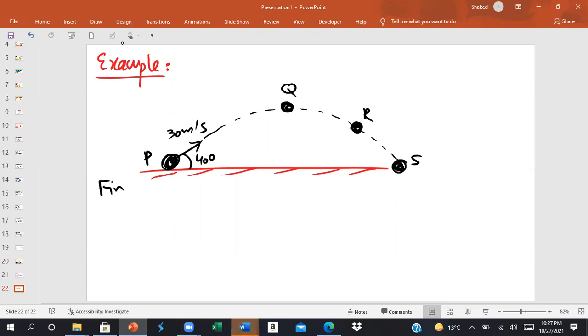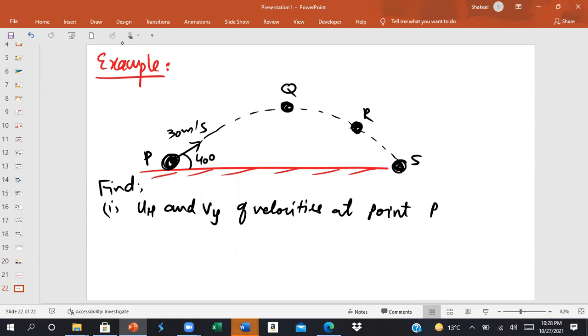So what you have to do is, number one, find the horizontal component and vertical component of velocities at points P, Q, and R. And at R, the time to reach there is 1.2 seconds.